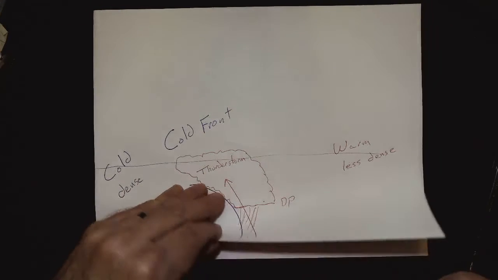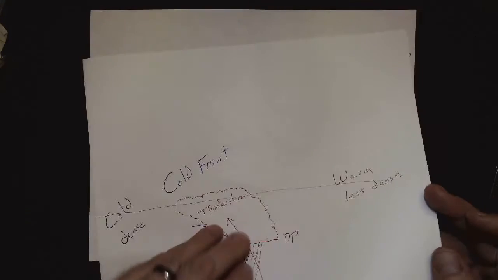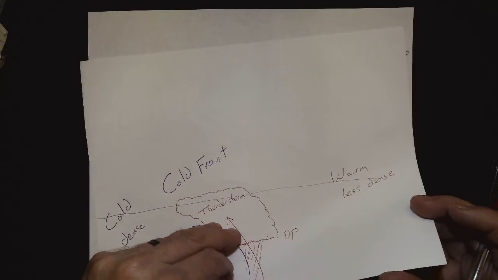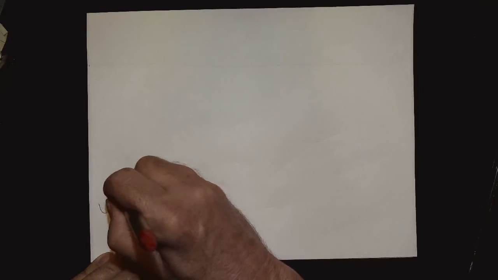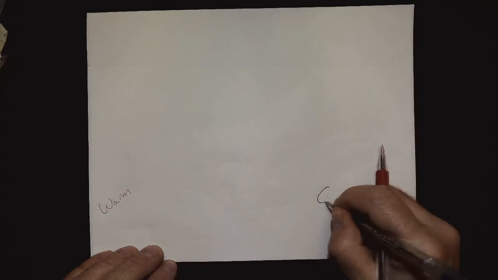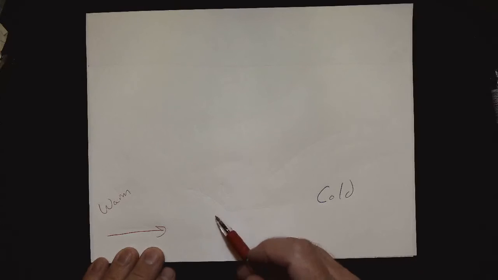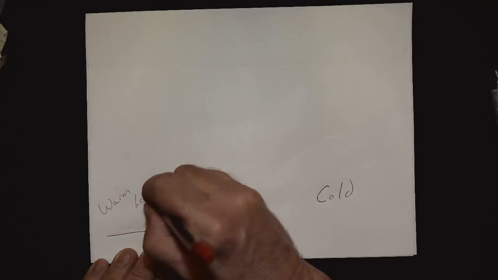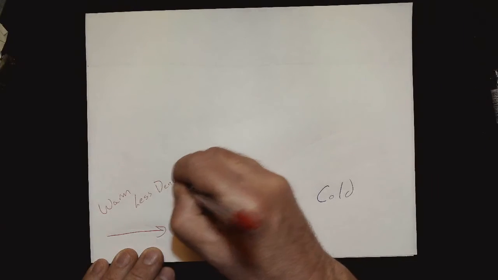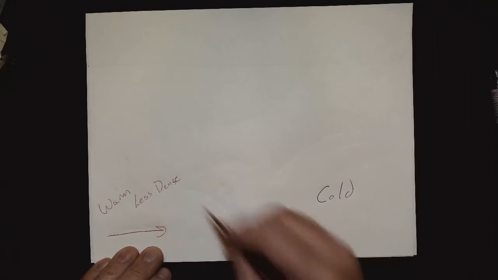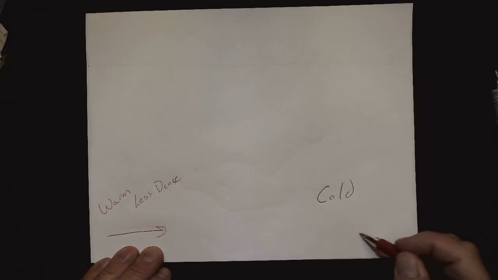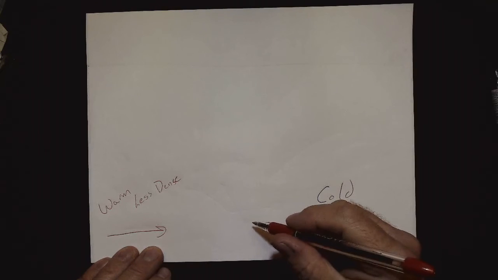In a typical warm front, things are going to be a little bit different. In a typical warm front, the air is now going to have it moving this way, cold over this way, and we remember if the warm air is moving this way, well, it's less dense. And if it's less dense, that means when it hits the cold, it can't push under the cold, which would be a very efficient way to move.